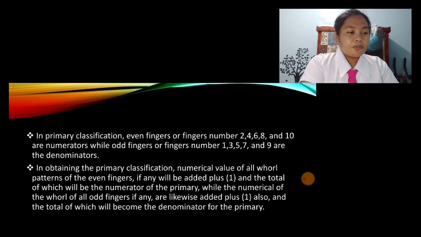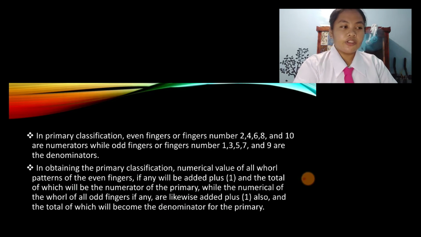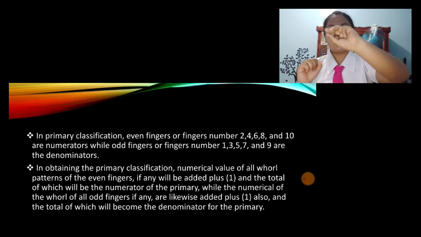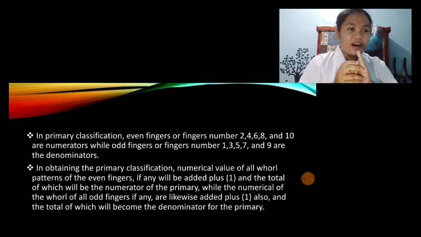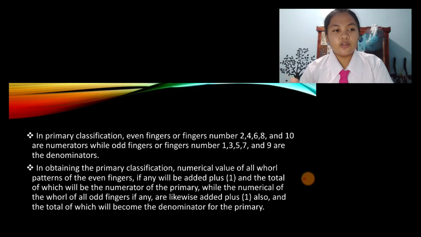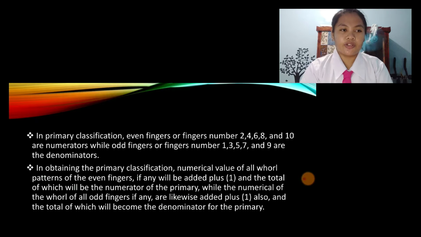In primary classification, even fingers or fingers number 2, 4, 6, 8, and 10 are the numerators. So even fingers are the numerator in primary classification, while the odd fingers are the denominator.